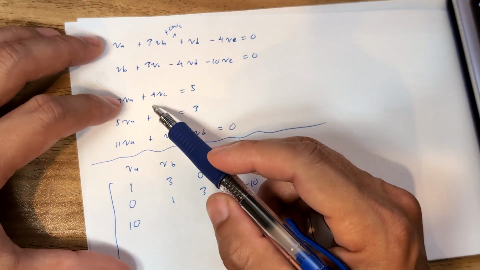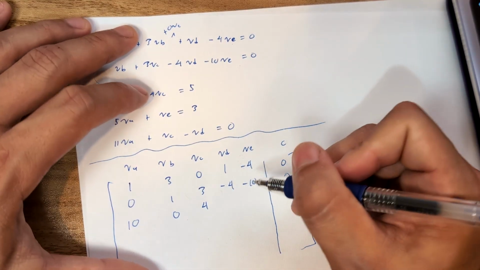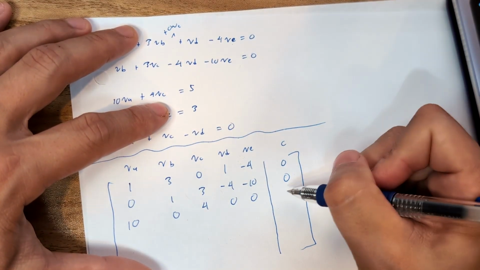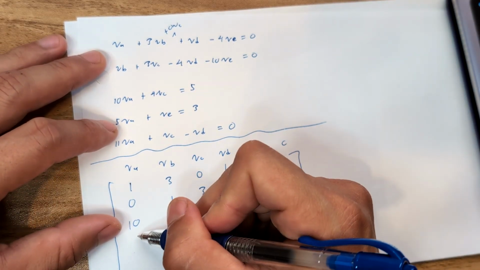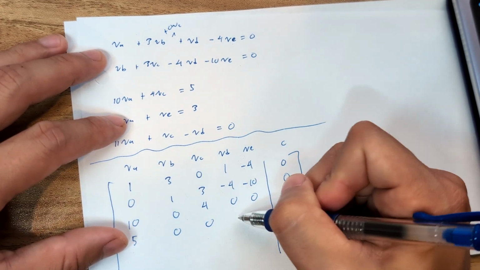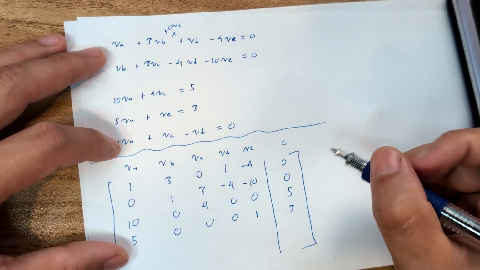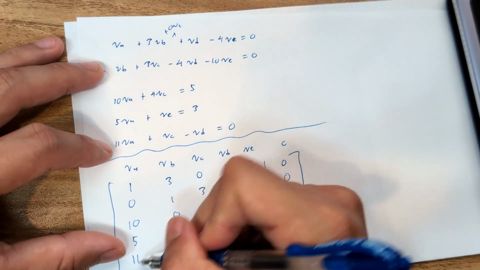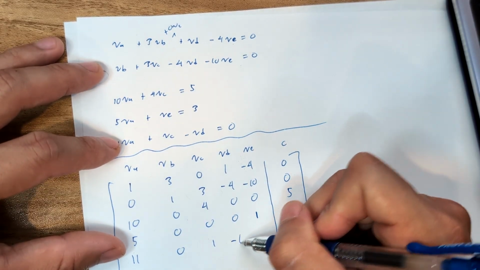Again, be careful, there's no VB, so put a 0 on that one, and then a 4 VC, and then 0, 0, 5, and then fourth equation is 5 VA. Again, be careful, 0, 0, 0, and then we have 1 VE, and then the 3 on our right hand side. 11 VA, 0, 1 VC, negative 1.